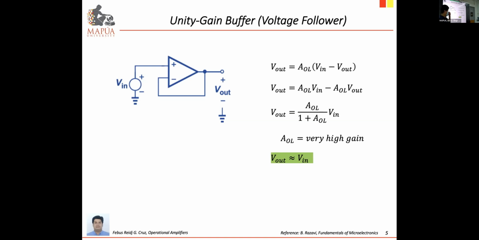Following this, V out is open loop gain times V in. The positive input is V in, and the negative input is V out. With a very high gain for the op-amp, we can assume that this is almost equal to 1. So you can have an approximation that V out is equal to the input voltage.